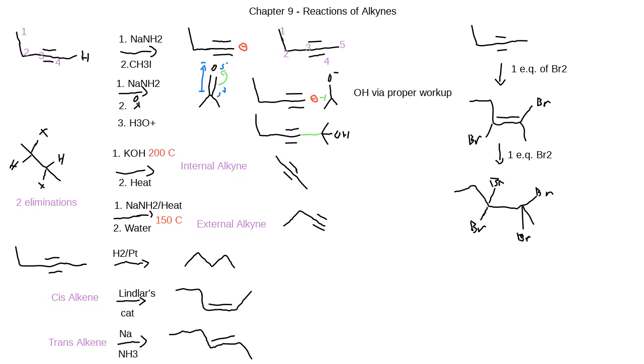So, we can also have HBr. So I'm just going to draw that right here. And this is just one equivalent of HBr. Obviously, if you have multiple equivalents, we'll have more. So remember, HBr by itself is going to attack in the Markovnikov position. Actually, hold on.